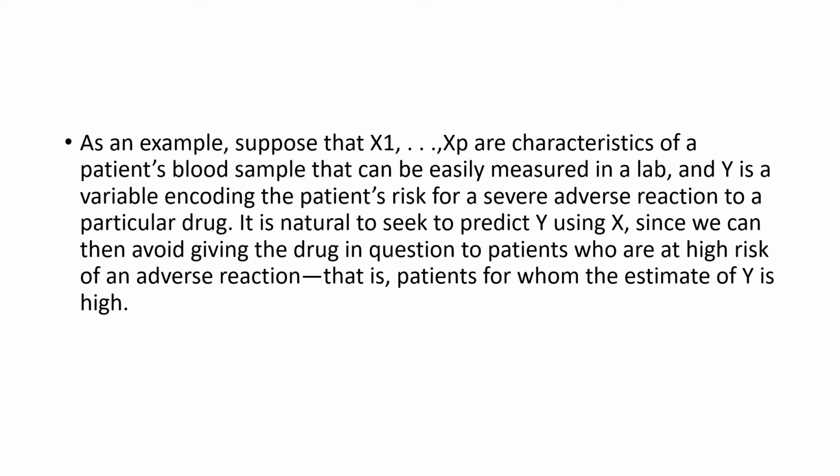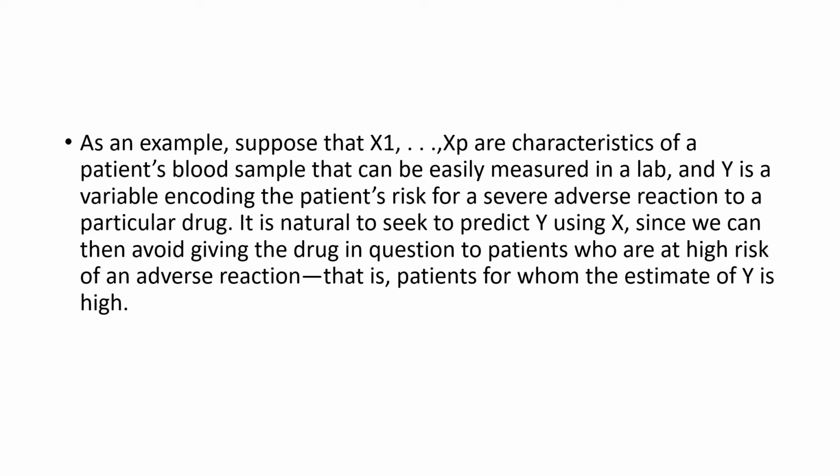As another example, suppose that X1 to Xp are characteristics of a patient's blood sample that can be easily measured in a lab, and Y is a variable encoding the patient's risk for a certain adverse reaction to a particular drug.